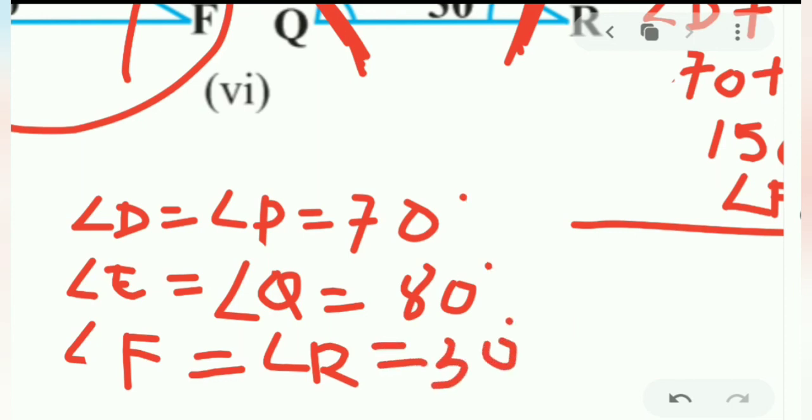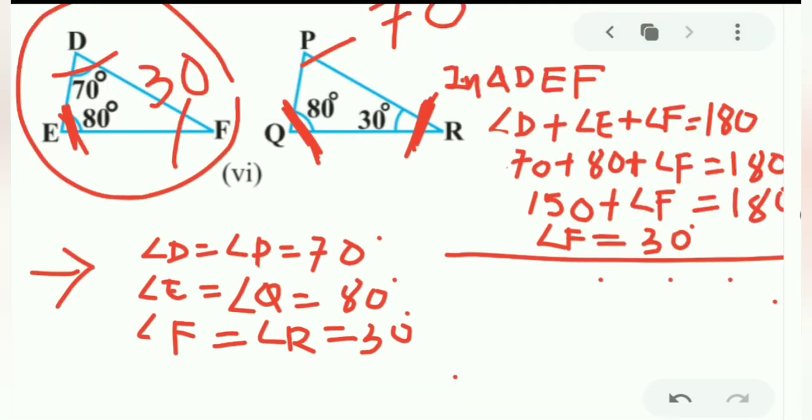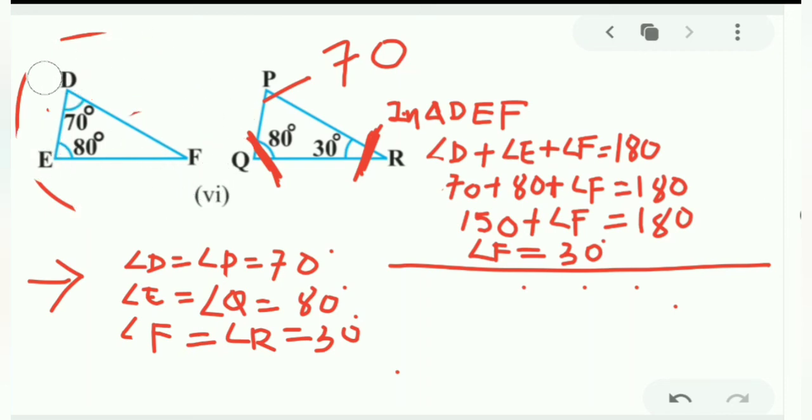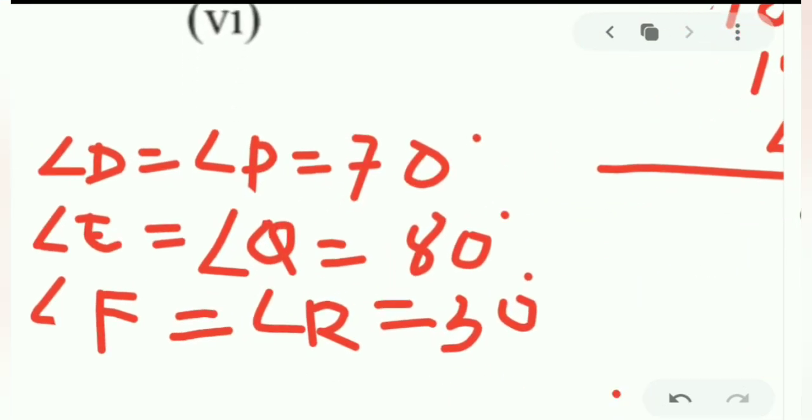And if all angles are the same, or two angles are the same, it means the two triangles are similar. So here we can write that triangle DEF is exactly similar to triangle PQR. We do not have to change the figure or turn the figure.